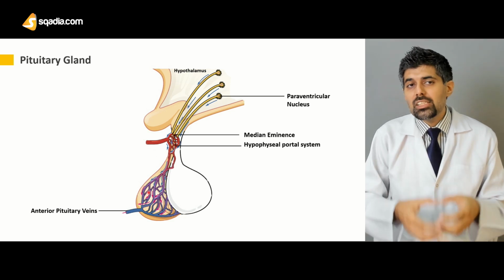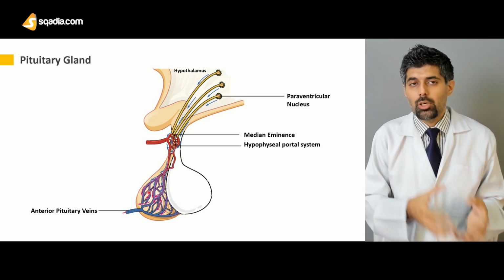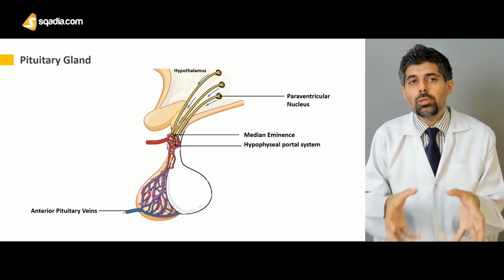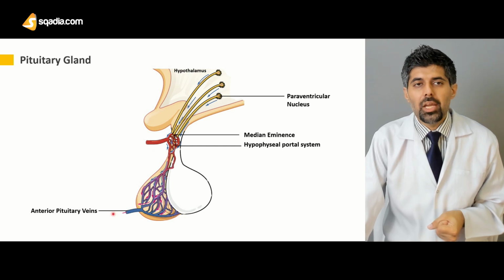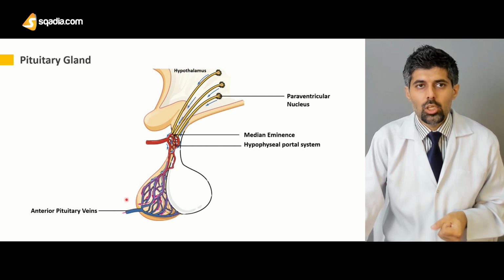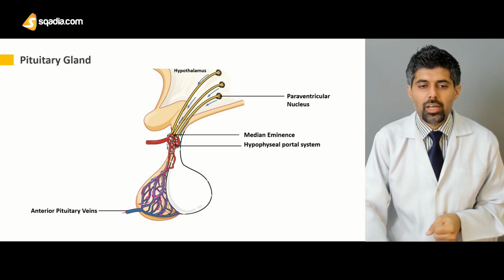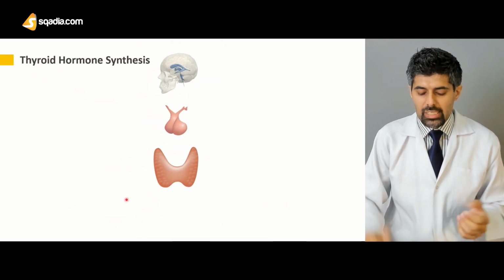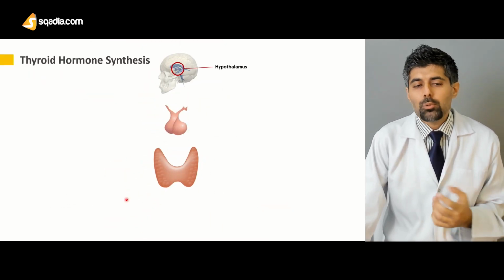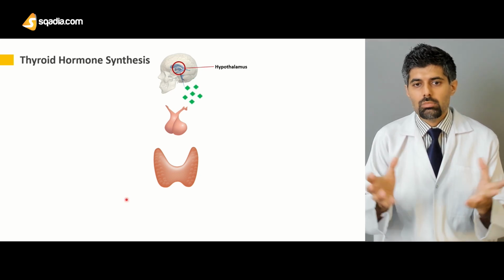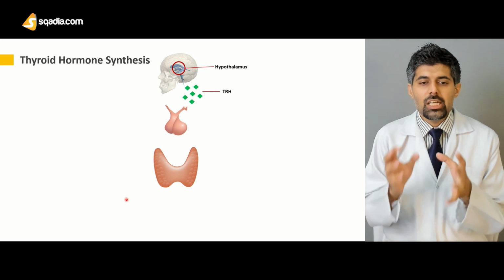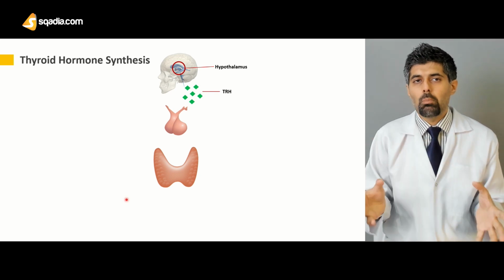And once they release their TSH or the thyroid stimulating hormone into the bloodstream, it moves through the sinusoids and out into the main bloodstream. So, in order to simplify this process, we can easily say that the hypothalamus releases TRH, and this TRH is released in a huge amount.